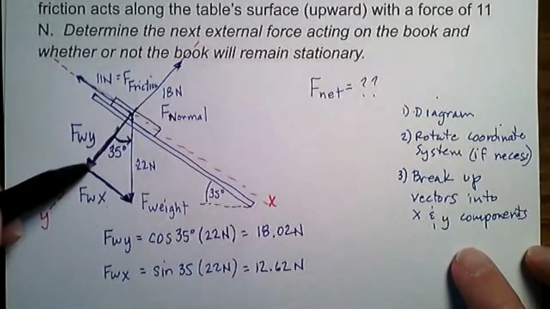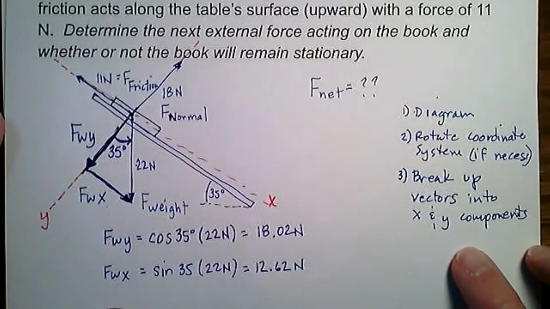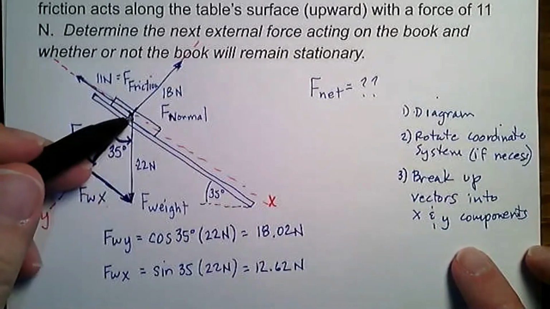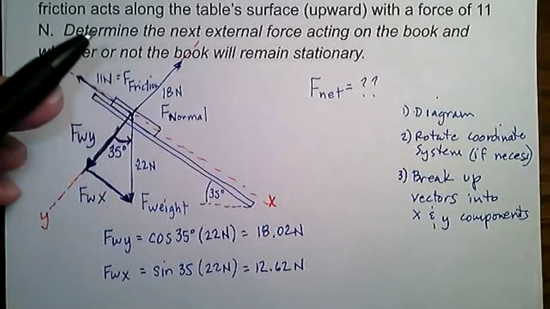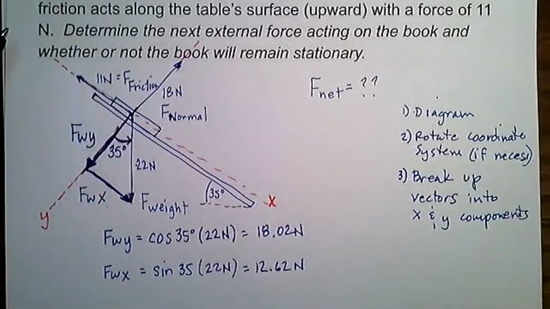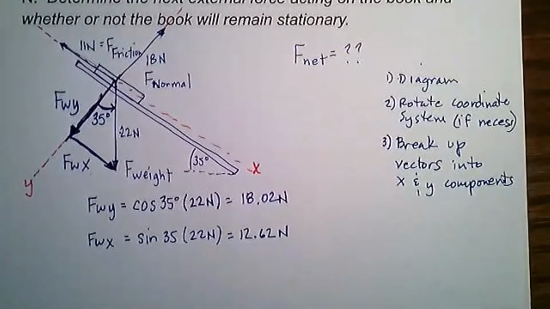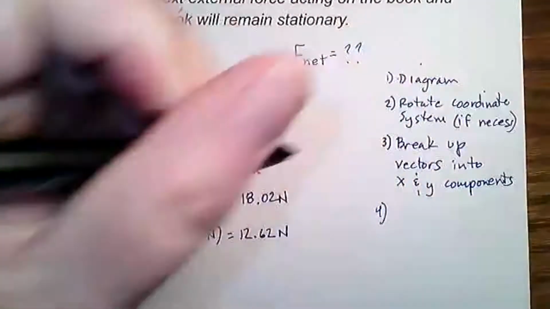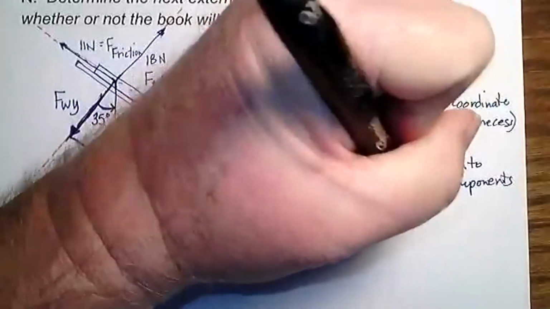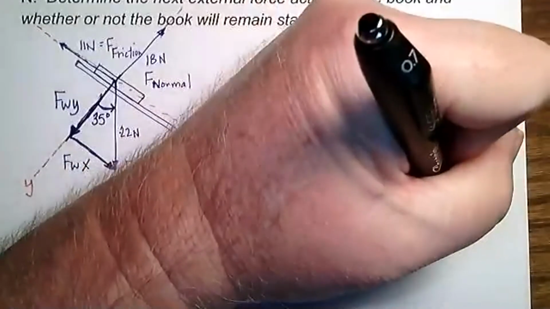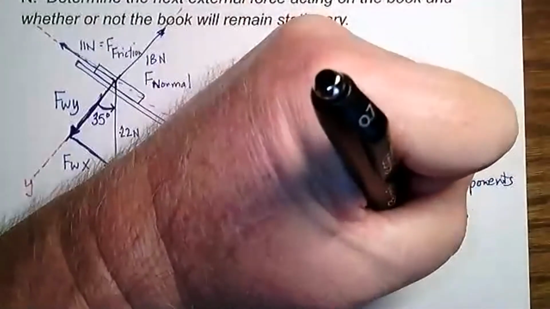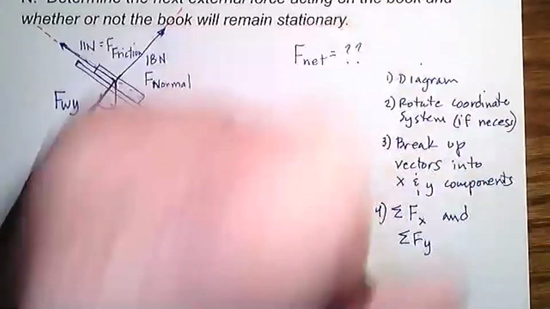These two vectors here, FWY and FWX, are the only components that we had to break up, because this was the only vector that wasn't totally in X or in Y. So once you've broken up the vectors, and you could have 3 or 4 vectors that you need to break up, your next step is to take the sum of all the forces in the X direction and the sum of all the forces in the Y direction.